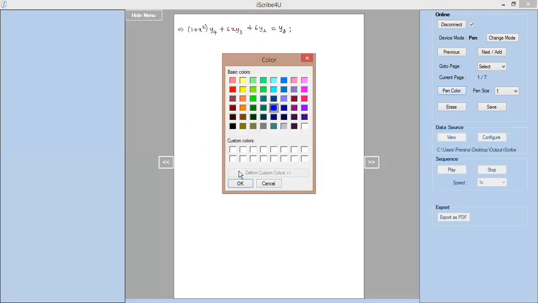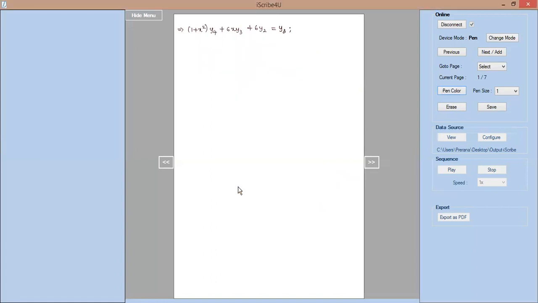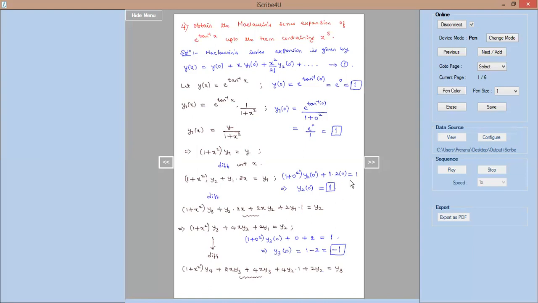Keeping this, we have to write down y4 of 0. To find y4 of 0, wherever x is there, we substitute 0. We are familiar with the values y3 of 0, y2 of 0 and so on, so we substitute them simultaneously. So we have (1 plus 0²) into y4 of 0, plus the next term is 0 since x is 0, plus 6 into y2 of 0. y2 of 0 is 1.